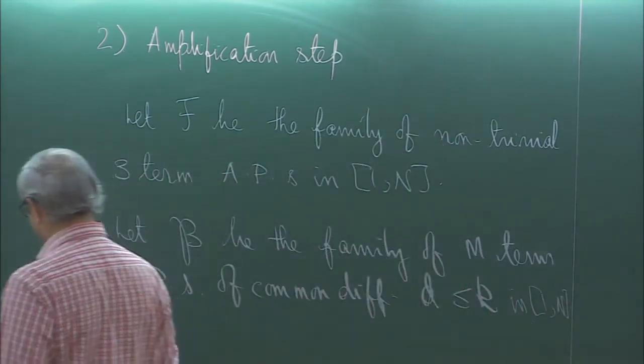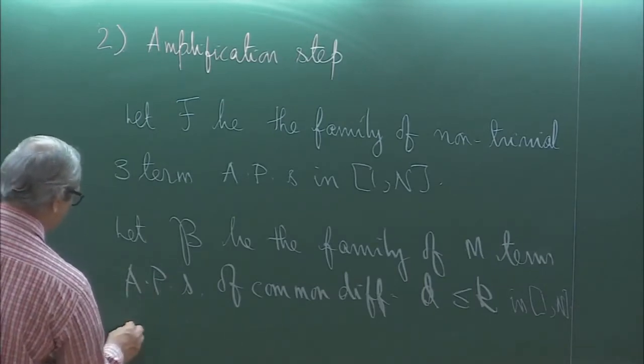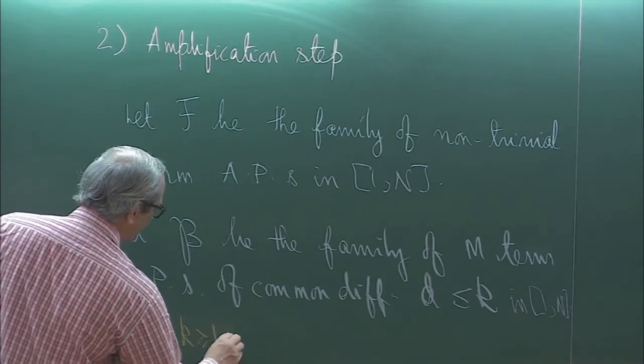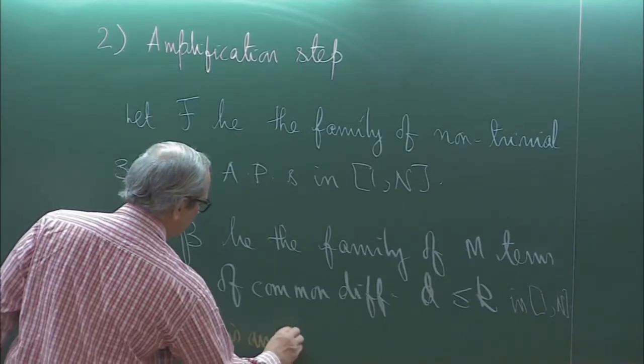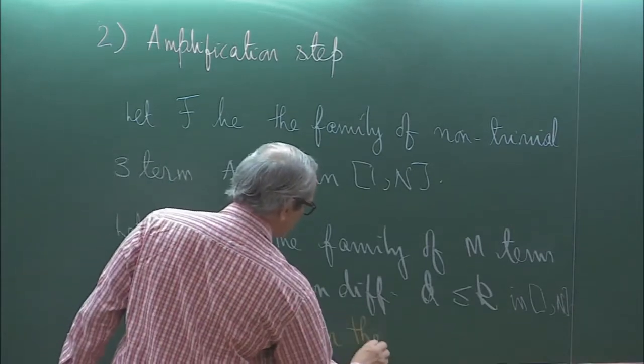So I just, because I will choose this k at the end, I will write that in a different color. Here k greater than or equal to 1 is an integer that will be chosen later.